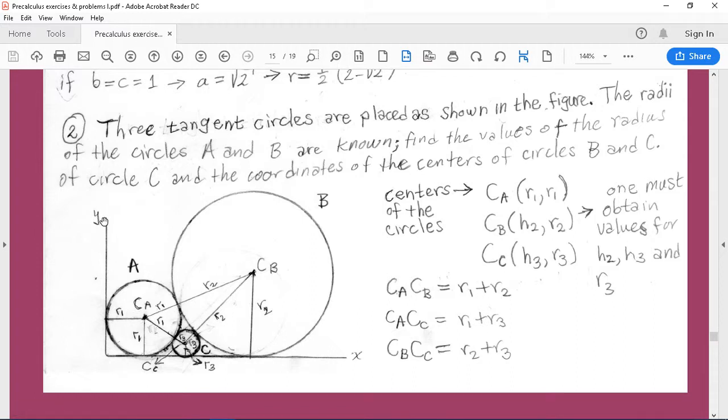The circles are also tangent to the two axes, the x-axis and the y-axis. So for the centers of the circles, CA has coordinates R1, R1.